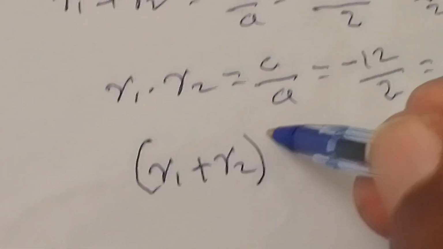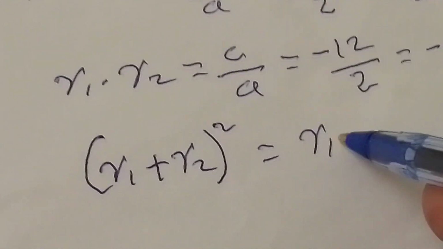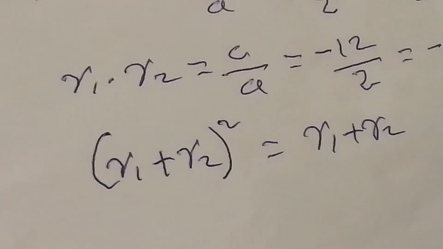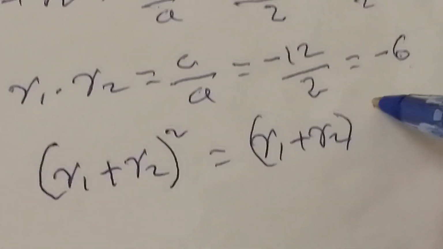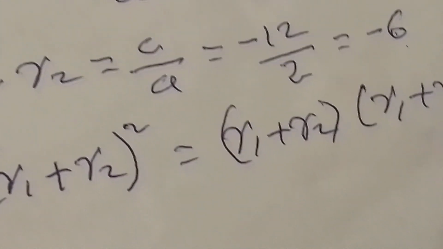the whole square, which is r1 plus r2 times r1 plus r2.